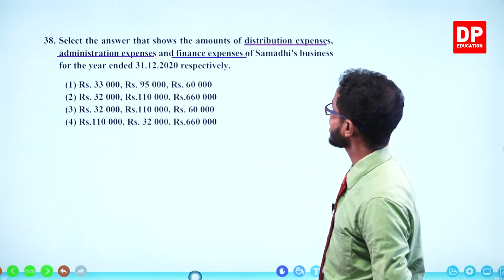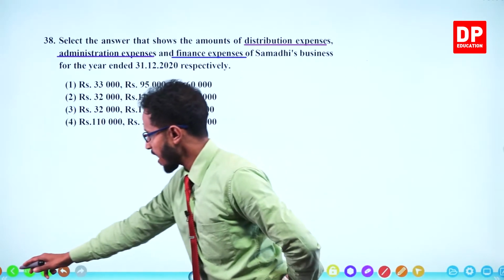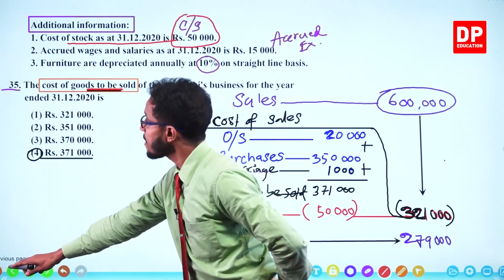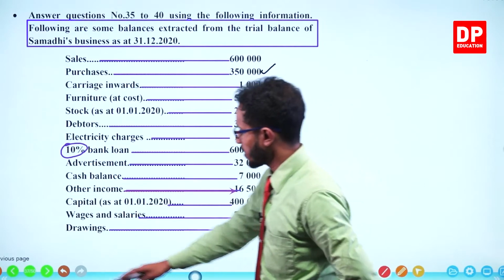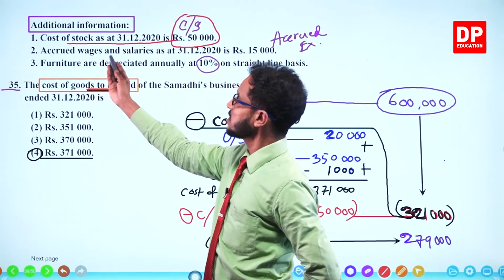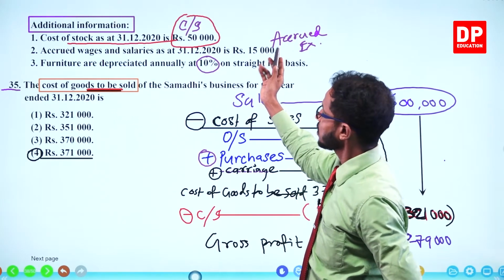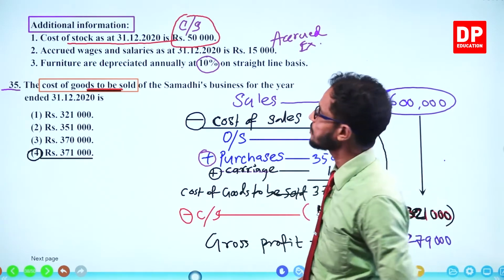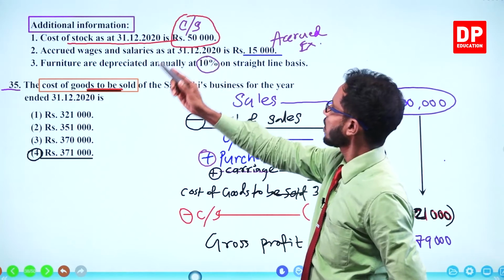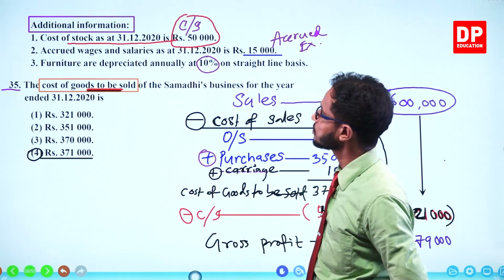Let's first find distribution expenses and admin expenses from the trial balance. Don't forget the additional information. We have accrued wages. See? Let's adjust that first. Accrued wages should be added to given wages.